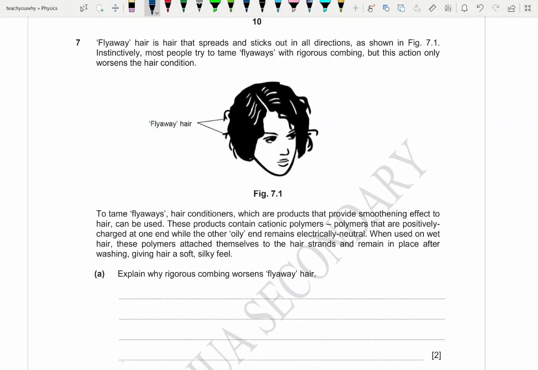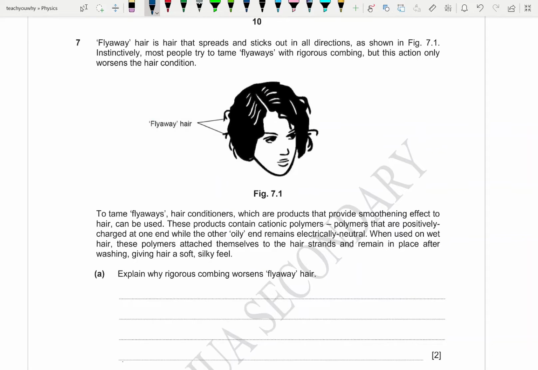The hair goes in all directions, never combed, not tidy. Instinctively, most people try to tame flyaway hair with vigorous combing, but this action only worsens the hair condition. For guys it doesn't really affect us, but it typically affects females, who use their comb to straighten their hair.